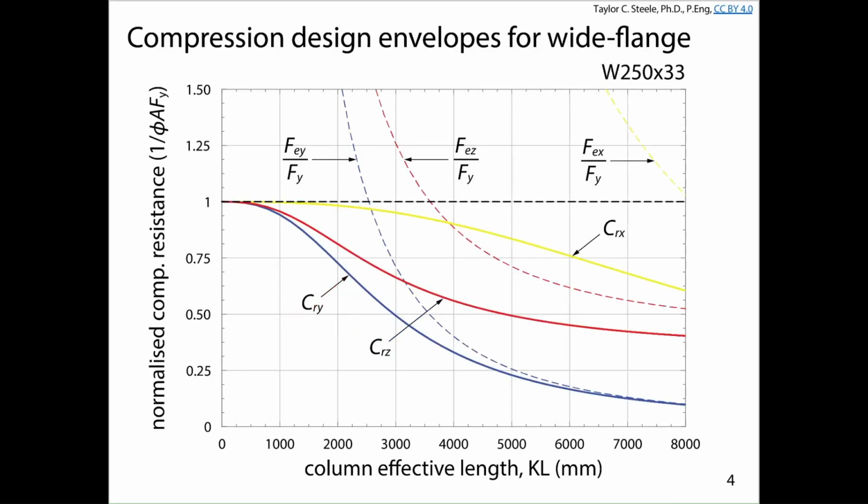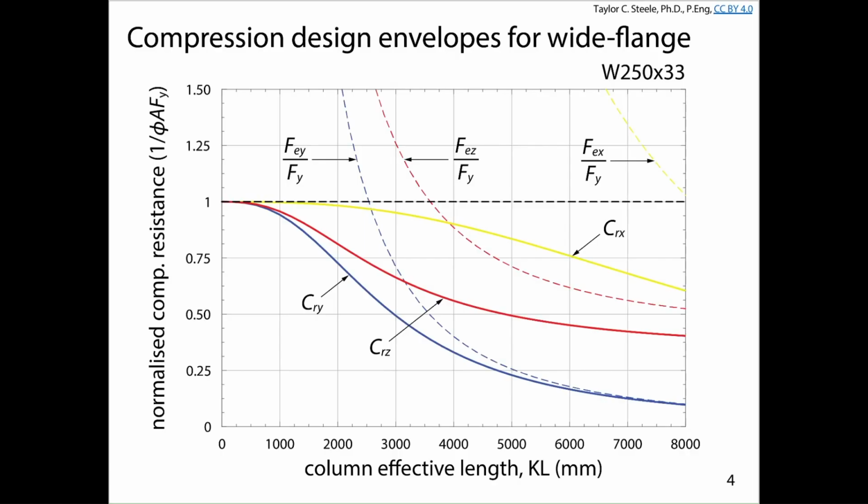So we also looked at modes of global buckling, and this is going to be an important one for today. We talked about when weak axis, strong axis, or torsional buckling might govern the compressive resistance of a member.